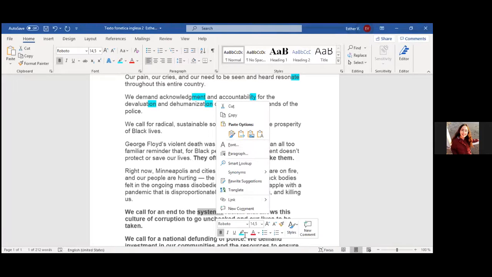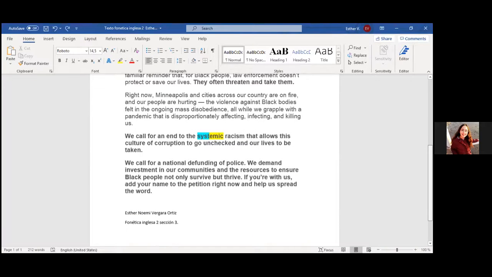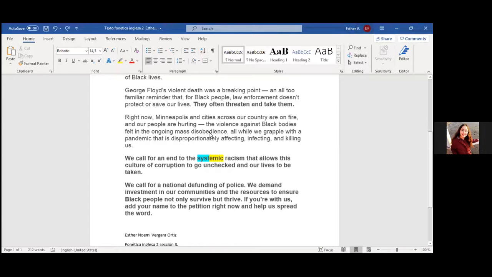I'm going to highlight another part. Okay. And the last word, I think is this word. How many syllables has dehumanization? Anyone?